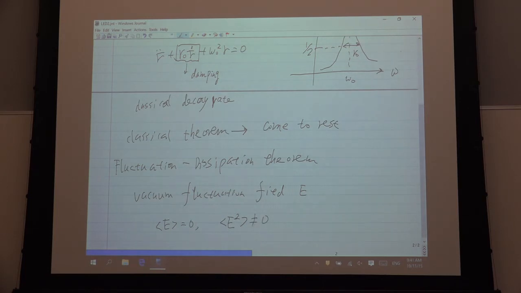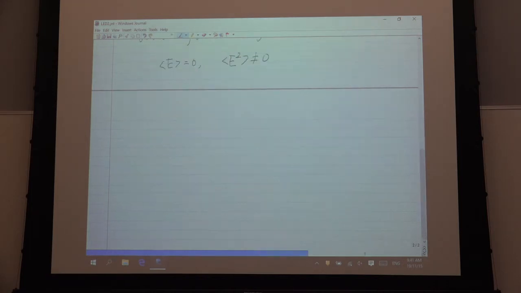This field is the vacuum fluctuation field. So they balance each other. When they emit photons, they also receive photons. The vacuum gets energy from this emission, and also gives energy to this dipole. The two processes are equivalent to each other. This is called the fluctuation dissipation theorem.